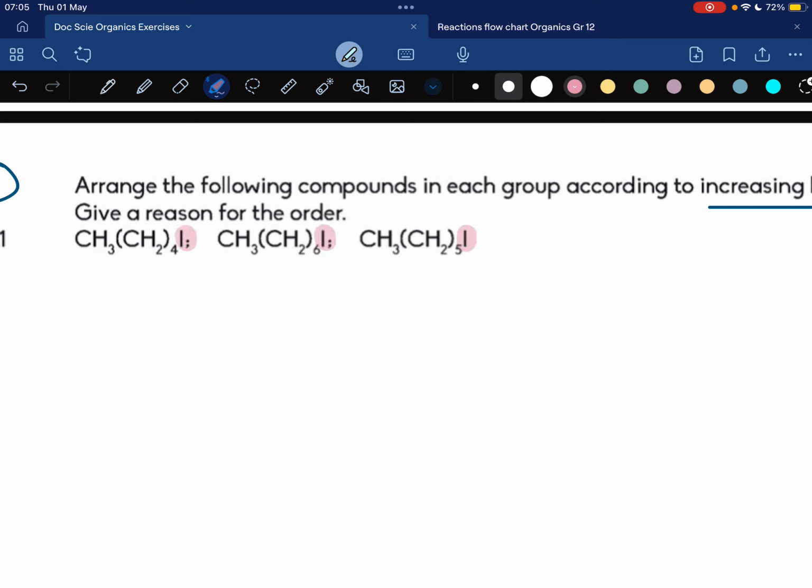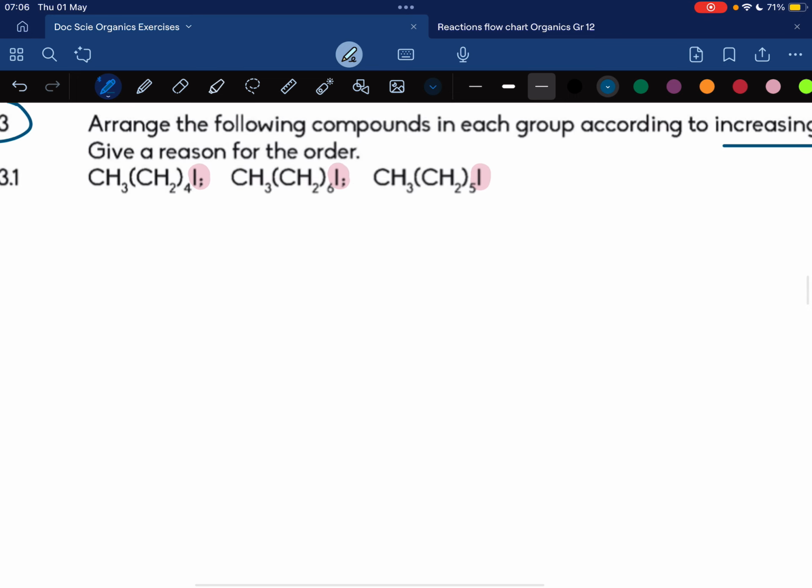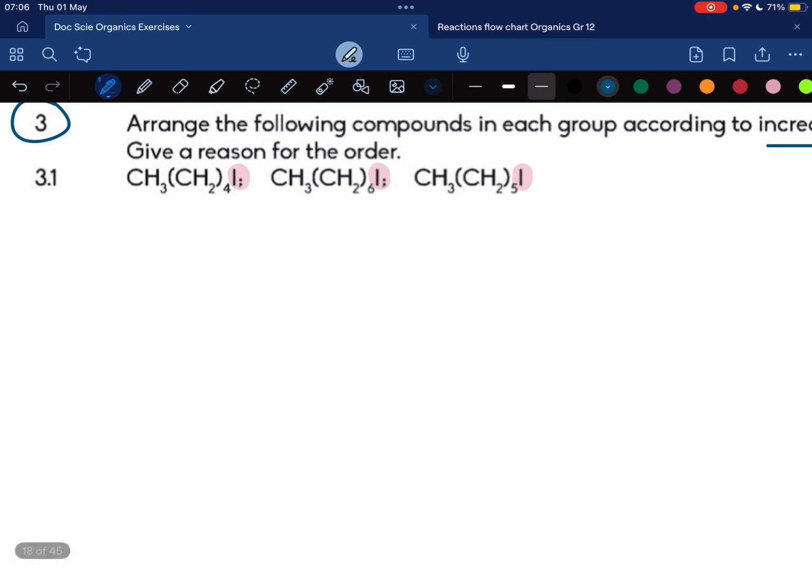They have the same functional group, but they differ in length of carbon chain. If you look, you have CH3 and then CH2 4 times, CH3 CH2 6 times, and CH3 CH2 5 times. So there isn't really a need to draw the molecule. If you want to, you can, but you can see it quite clearly when you look at the formula here.